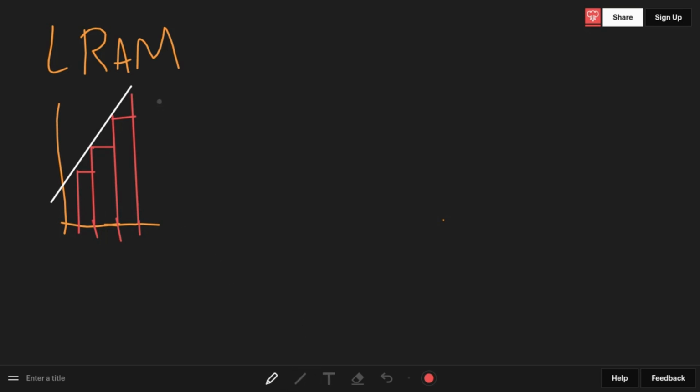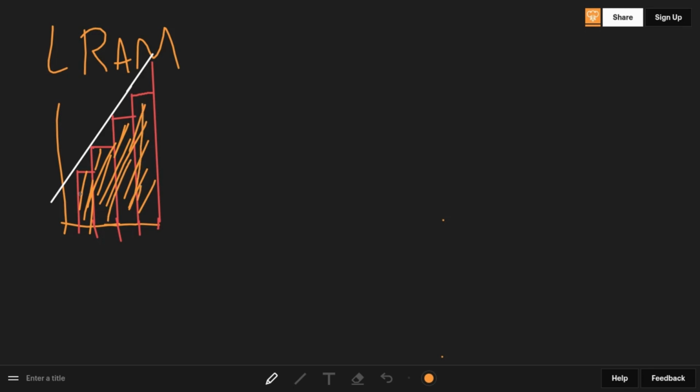So I'll extend the line first of all, and now I have my 4 rectangles, which will be like this.